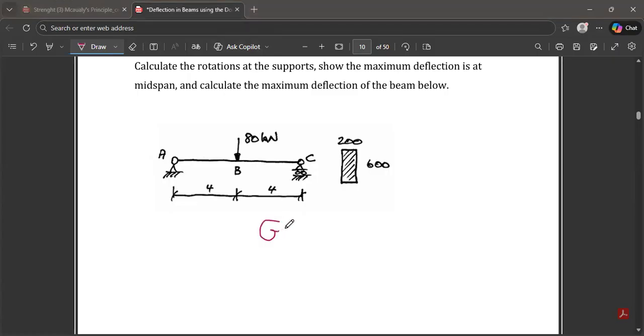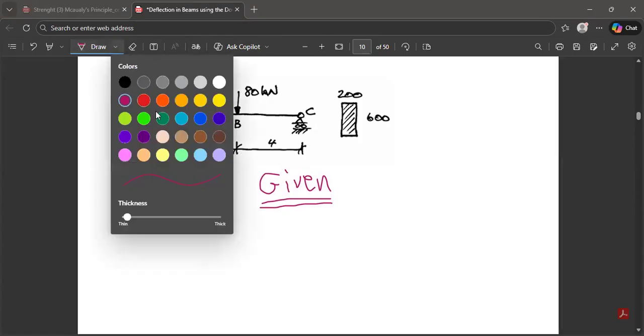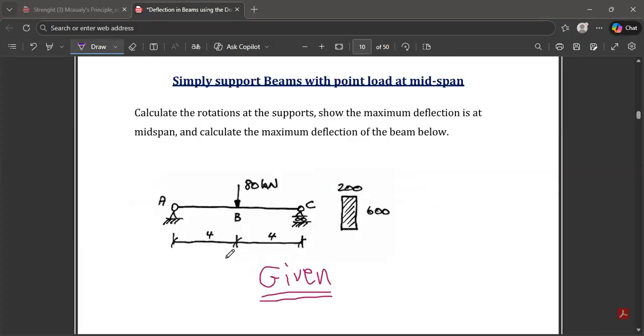So over here, I'm going to be writing my given. In the given, first of all, I want to put what they're asking us to find. They say we should calculate the rotation at the support.